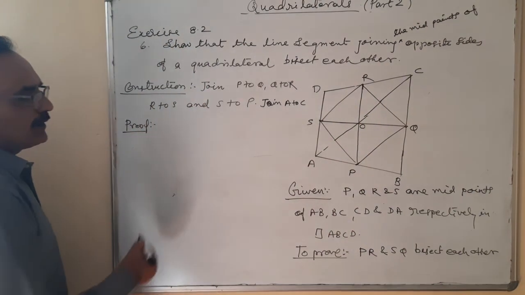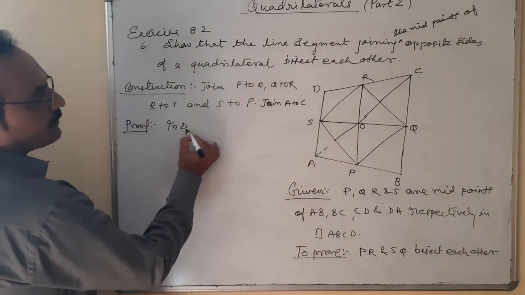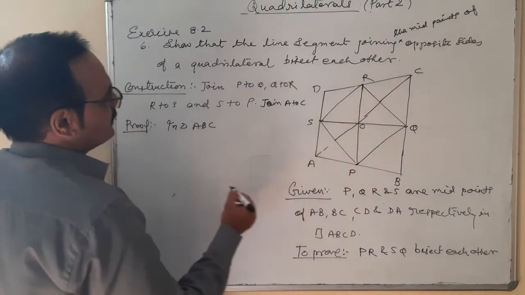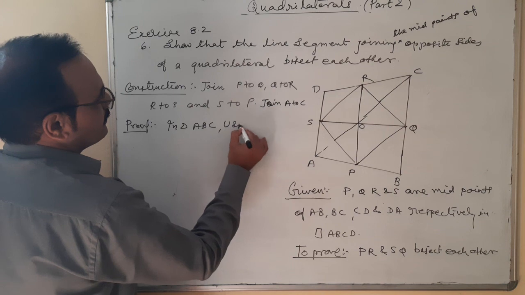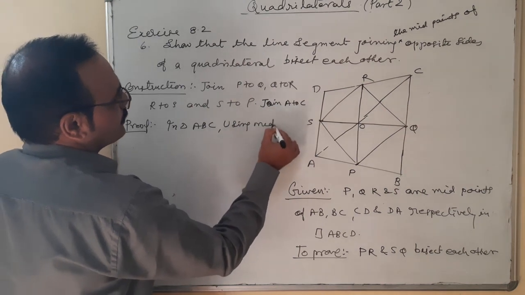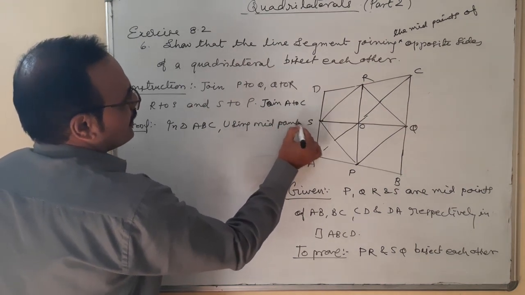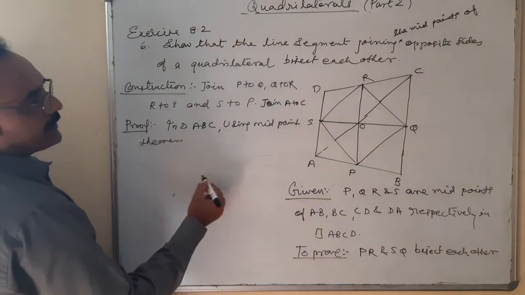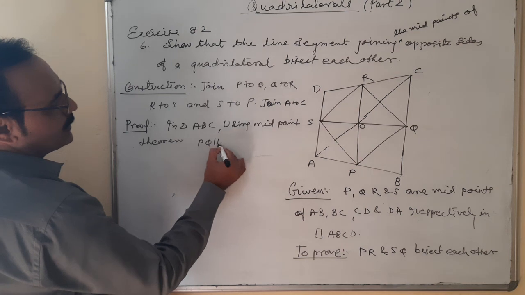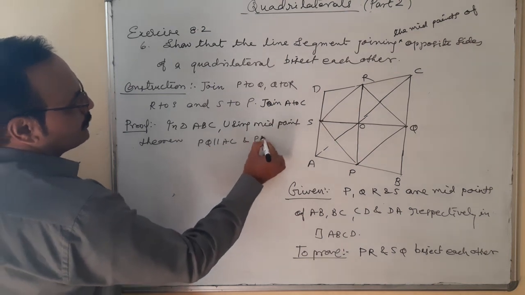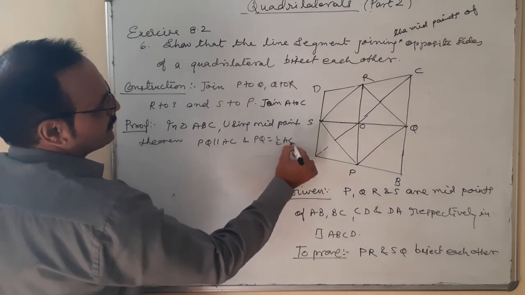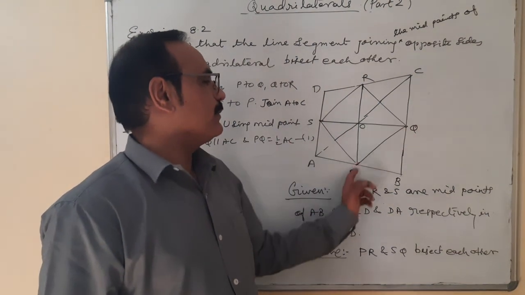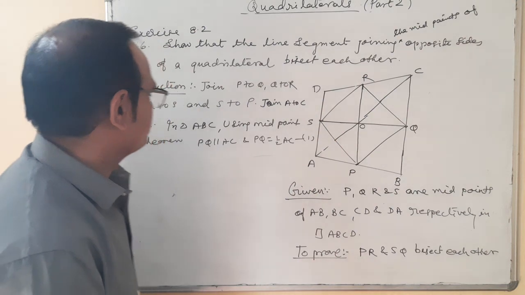But once again, in triangle ABC, using the midpoint theorem, I can write PQ is parallel to AC and PQ is equal to 1 upon 2 AC. Equation number 1.